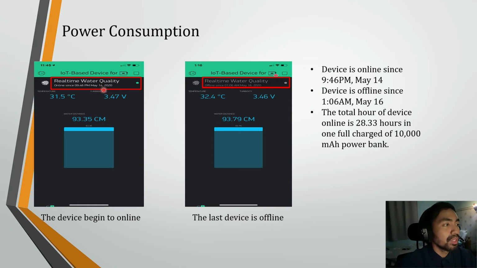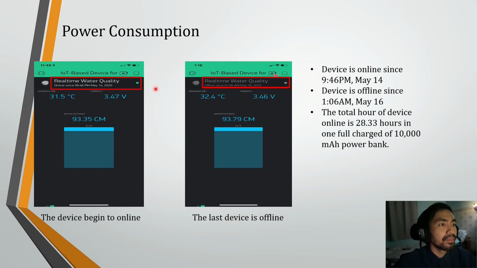In this application, in this situation, they state it has been online since 9:46 p.m., which means this system is online, my Arduino is online.